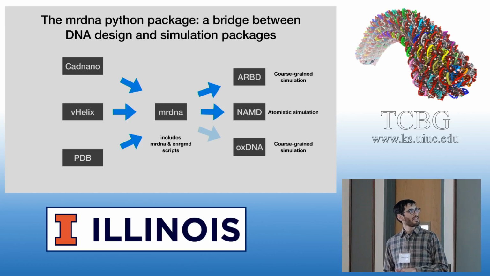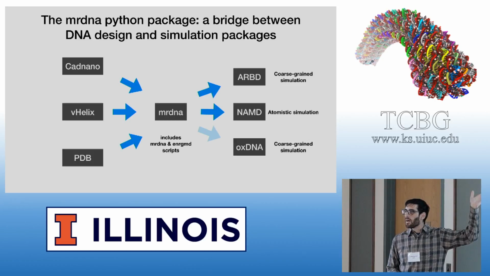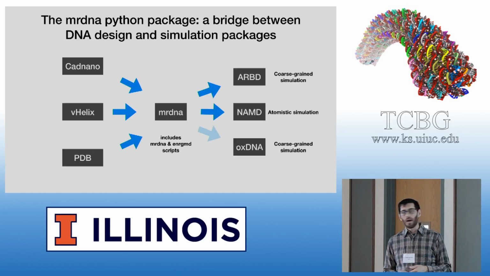And the mrdna script, as we already demonstrated yesterday, takes in cadnano as input. But we've recently also extended this to take in eHelix Maya files, which is how we had that simulation of the bunny I just showed you.